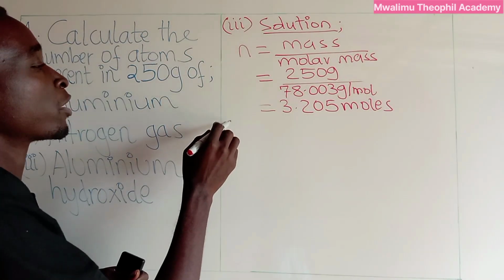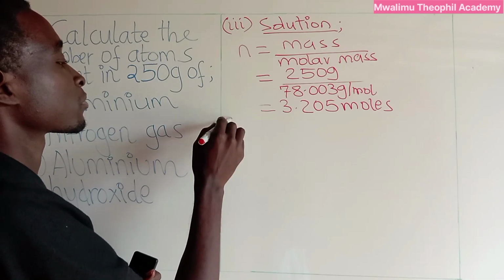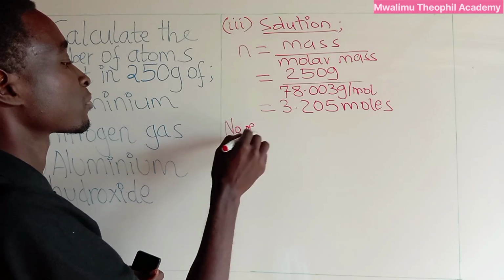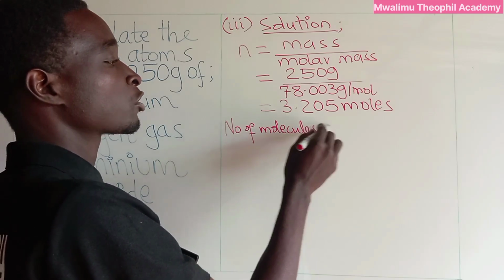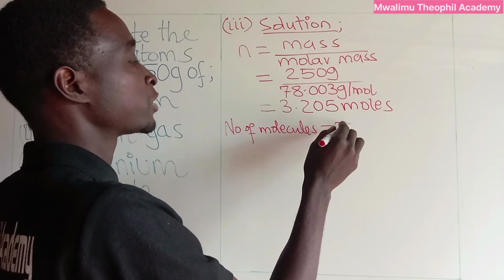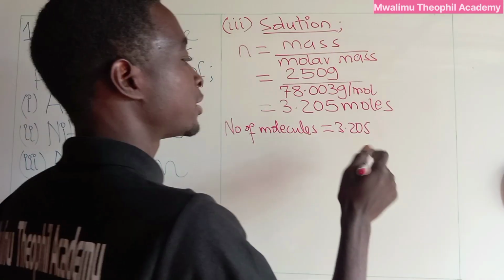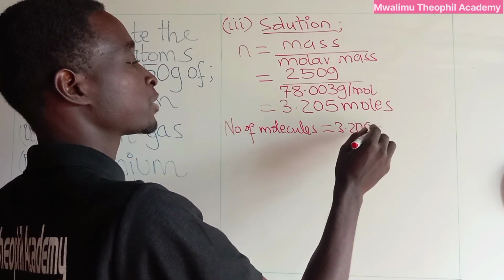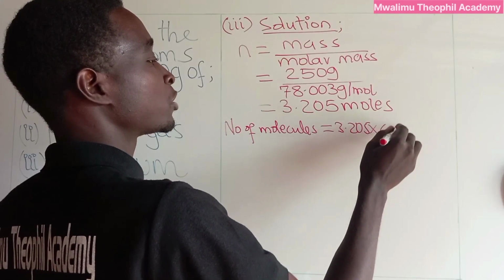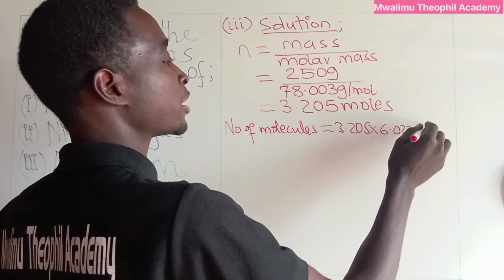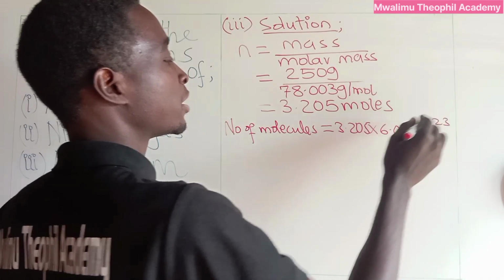Now, the number of molecules is equal to the number of moles, which is 3.205, times Avogadro's constant, which is 6.022 times 10 raised to 23.